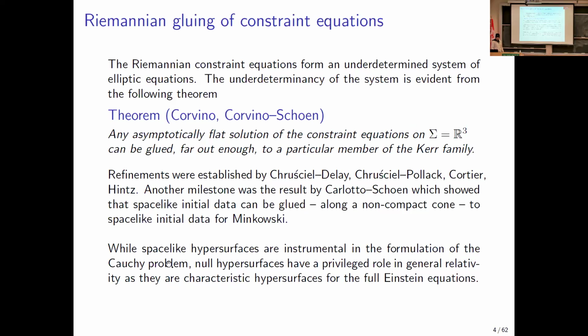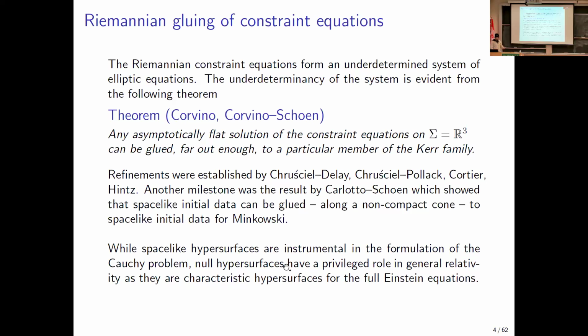Okay, and as I say here, space-like hypersurfaces are extremely important from the point of view of the Einstein equations and its dynamics. Because after all, when we solve the Einstein equations, we want to solve them knowing at some point the space-time and then solving for the future. So that's the context of the Cauchy problem. In the Cauchy problem, you start with a Riemannian slice, the metric there, the second fundamental form, and then you let the Einstein equations evolve that slice into space-time.